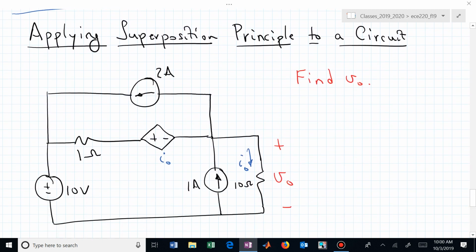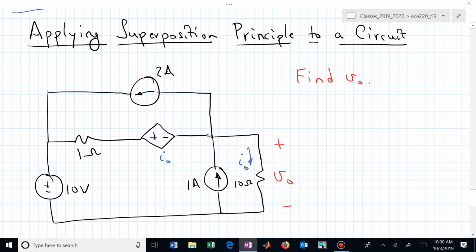Let's start analyzing. Here's a circuit. Let's now solve this circuit using the strategies that we've developed or tried to understand at the beginning of class.